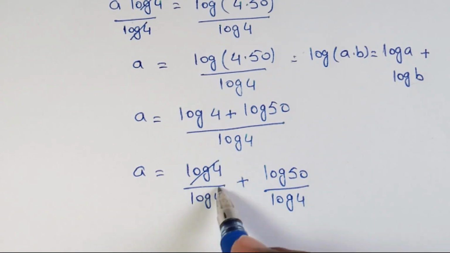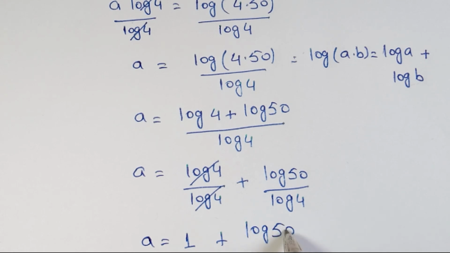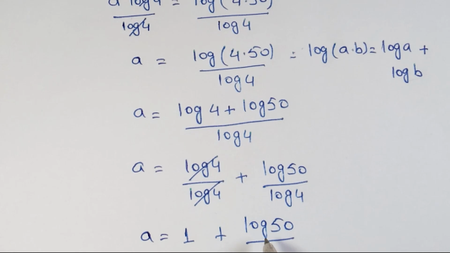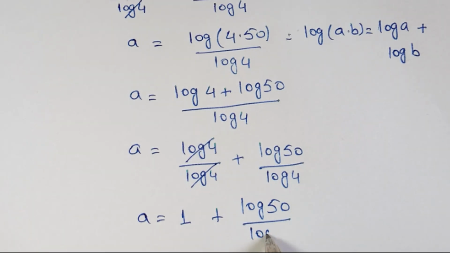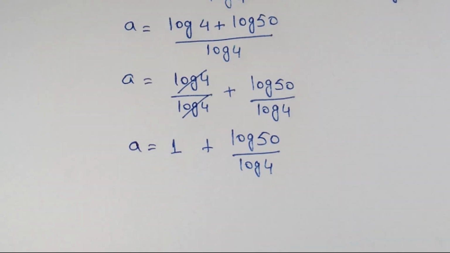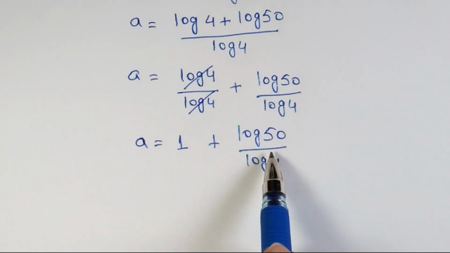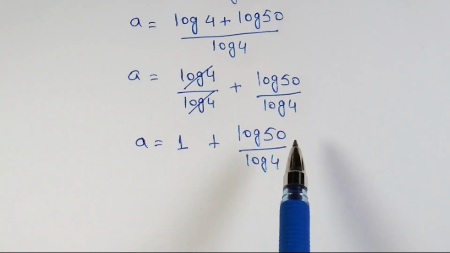So these will cancel each other, and will give us 1. A is equal to 1 plus log of 50 over log of 4. And now we have the expression a is equal to 1 plus log of 50 divided by log of 4.